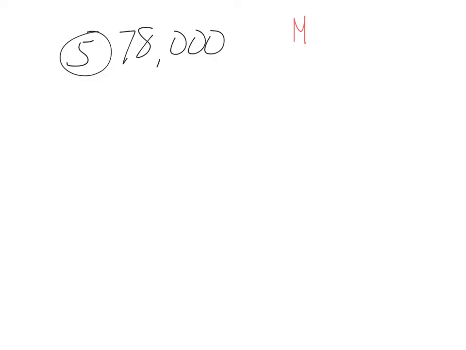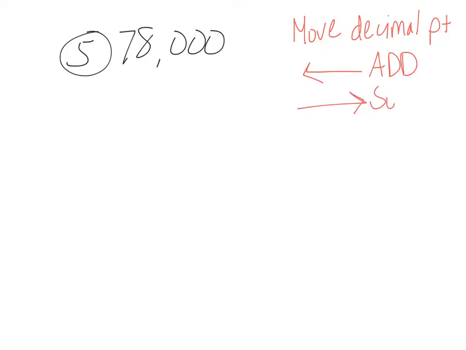So with scientific notation, when you move the decimal point this way, you're going to add to the exponent. When you move it to the right, you're going to subtract. And however many places you move the decimal, that's what you add or subtract.